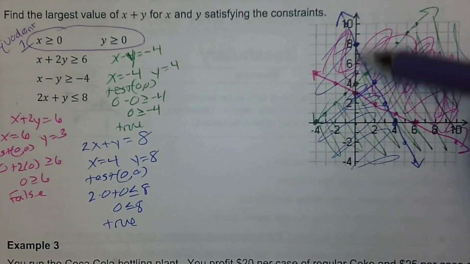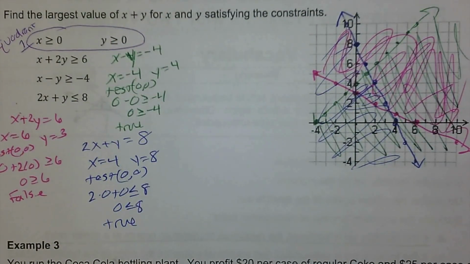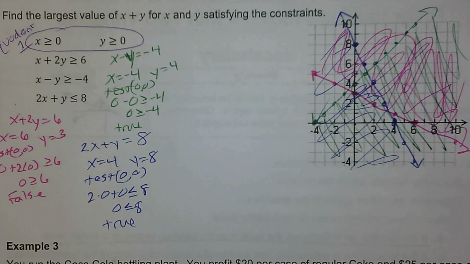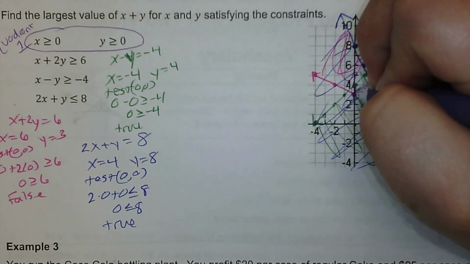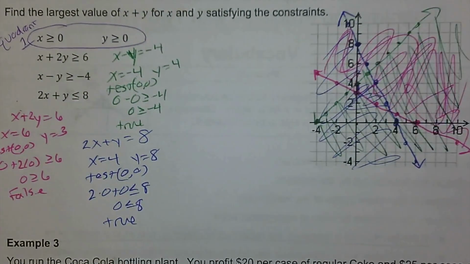This top right part of the graph, it's not a coincidence that the other quadrants aren't as large or visible. You're only really using quadrant 1 because x and y both have to be positive. So we're talking quadrant 1 as our final area that we're shading.